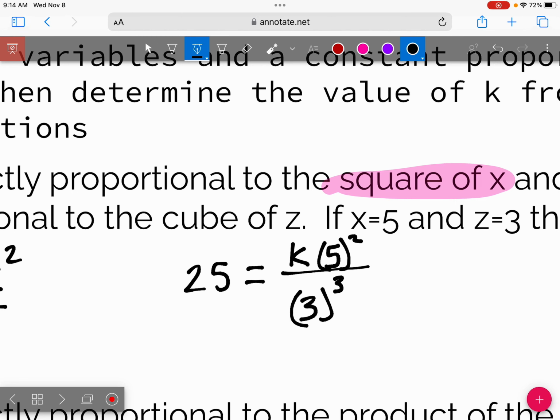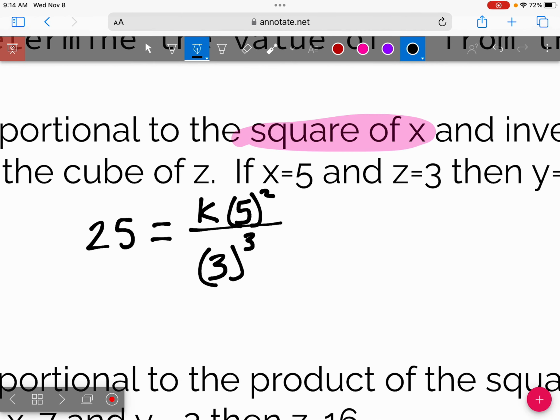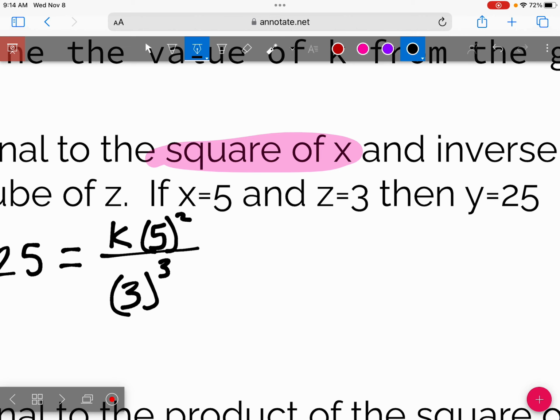So let's simplify this a bit. So we have 25 equals 25k over 3 to the third. Sorry, I hiccuped right in the middle of that word. 27.